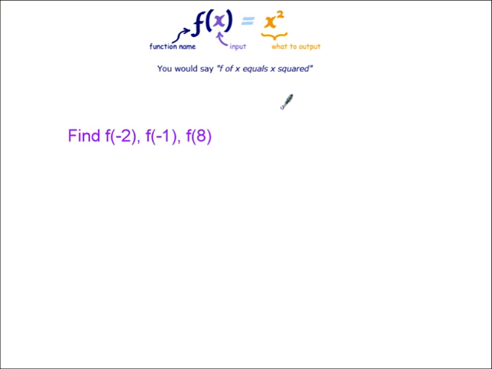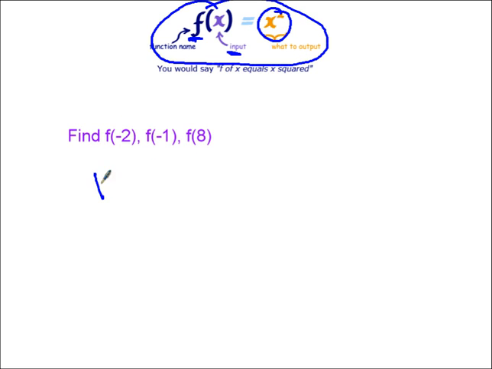Alright, some notation stuff. Here is an example of some function notation. This is the function f, my input or my independent variable x, and then this will be my output here. So I'm inputting an x, I get something out, and in this case, my output is defined by x squared. If I want to find f of negative 2, negative 2 is my input, and I input it for every x value, so I have negative 2 squared.